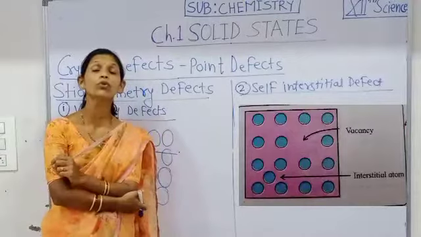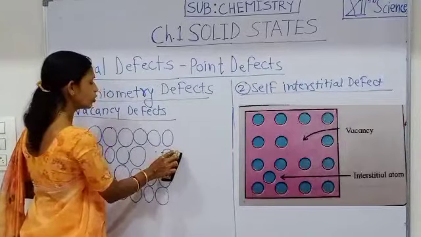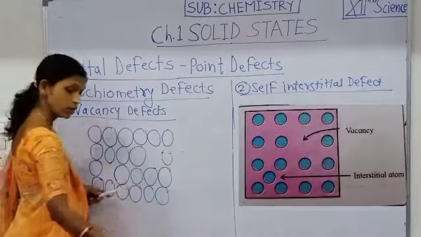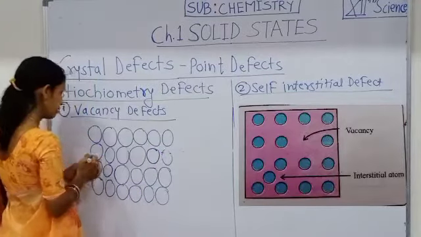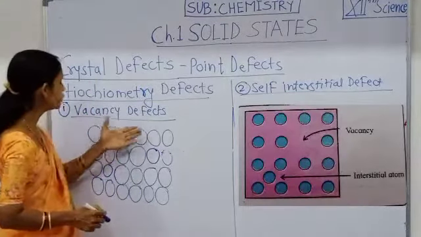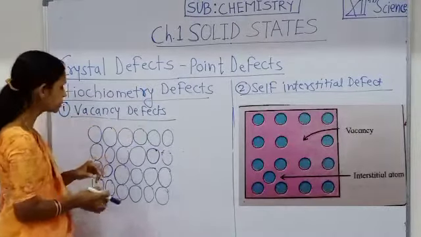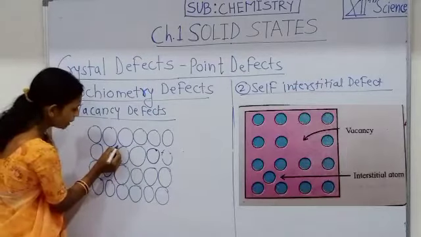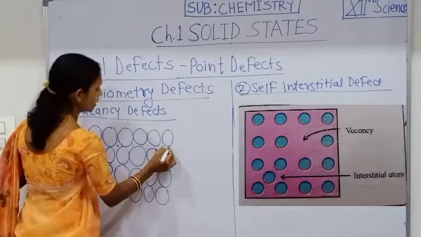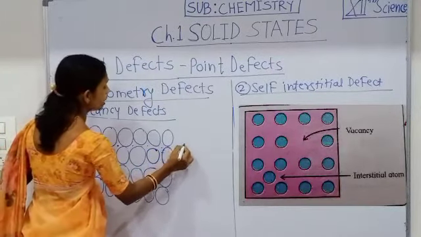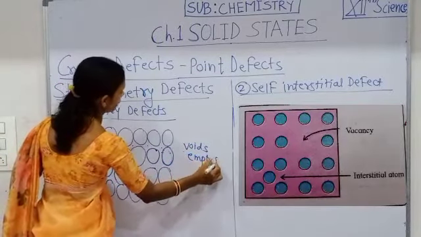First of all, we have to remember that in crystalline substances the arrangement of the particles is perfect. That means there is orderness and regularity in the arrangement of those particles. When those particles are arranged in the crystal lattice, there is empty space, which is called voids.